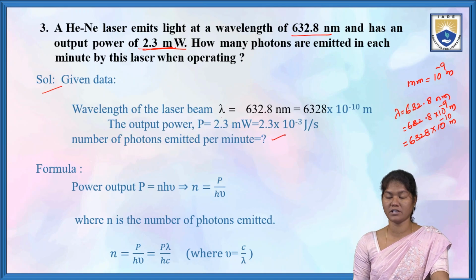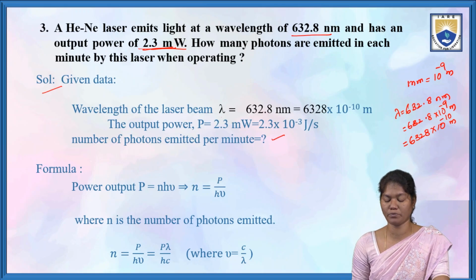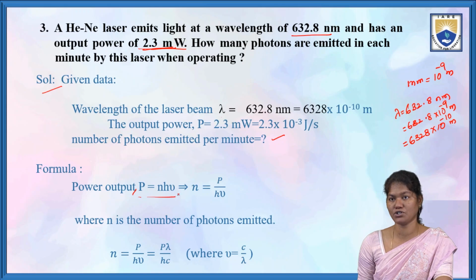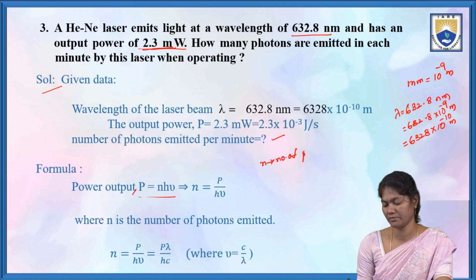The formula for the output power, denoted with P, is P equals N h nu, where P is the output power, N is the number of photons emitted, and h is Planck's constant.